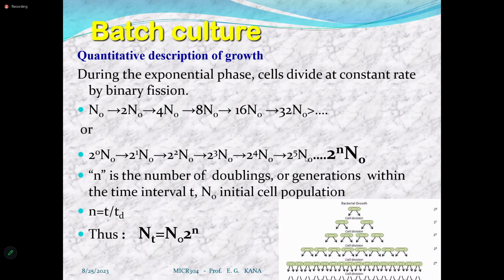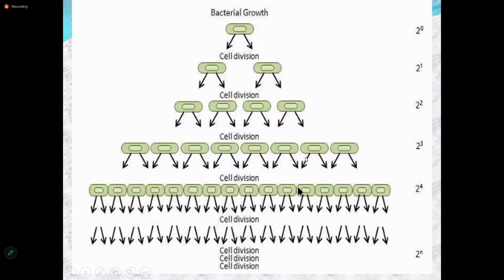That implies that at any point in time t, you want to know how many cells are in the reactor. Based on this binary fission concept, you can apply this formula. t is the time at which you want to find the number of cells in the reactor, taking into account that a single cell gives rise to 2 daughter cells, which give rise to 4 cells, and so on, as shown in this diagram.